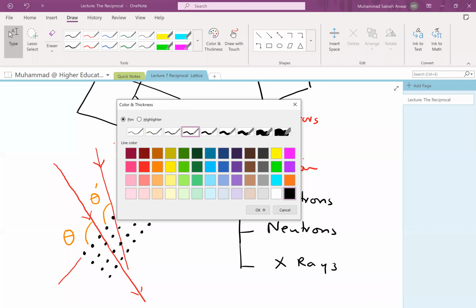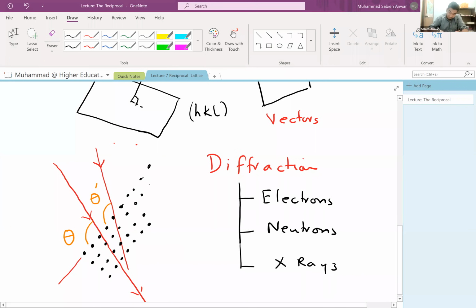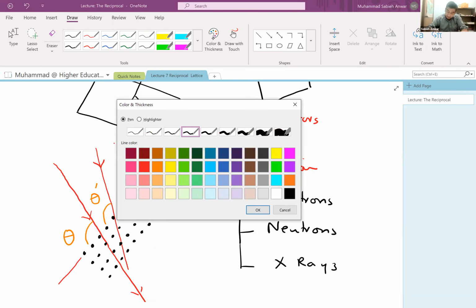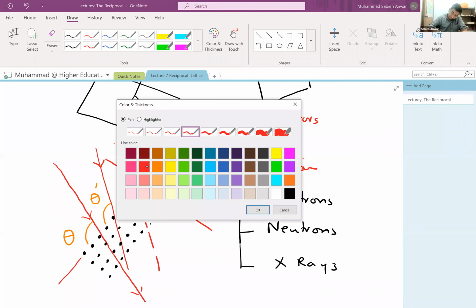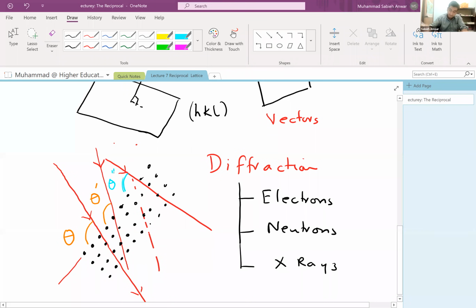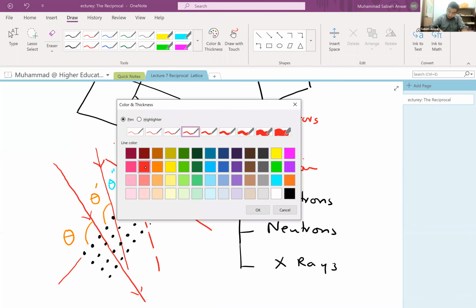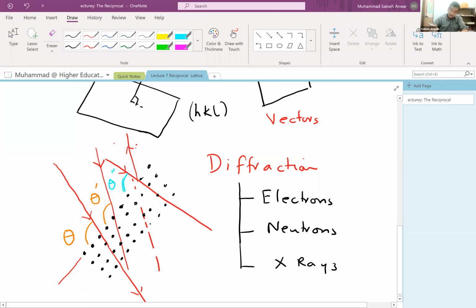However, in certain cases, if the relative angle between the X-ray beam and the planes of the crystal just matches the right angle, immediately at that point, reflection occurs and a strong reflected beam is observed.